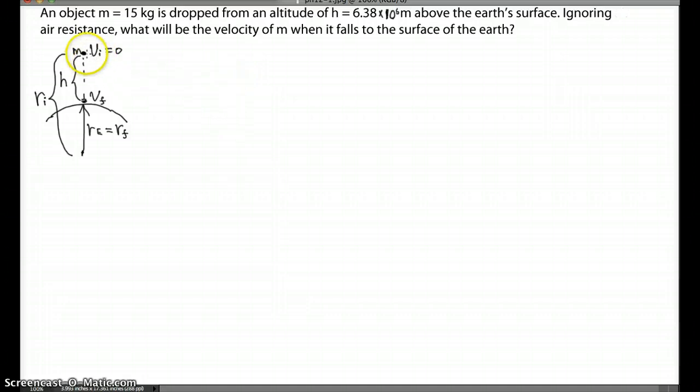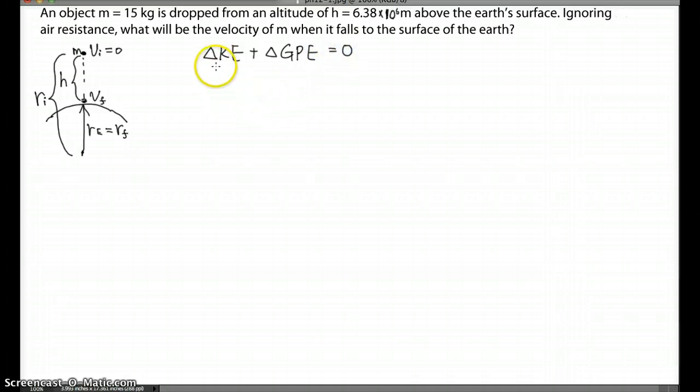Now think about this process from the initial position to the final position. There's no non-conservative force acting on it. It's only gravity acting on it. So we can definitely use version 3 of the work energy theorem. That means delta KE plus delta GPE equals 0.